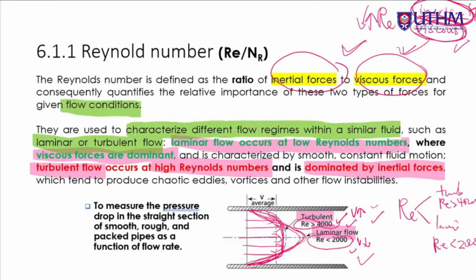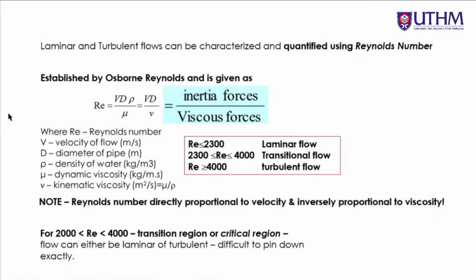Okay, next. This is more details on Reynolds. This equation is actually introduced by this Osborne Reynolds. Okay. Alright. And macam saya cakap tadi, it involves the ratio of inertial forces and viscous forces.